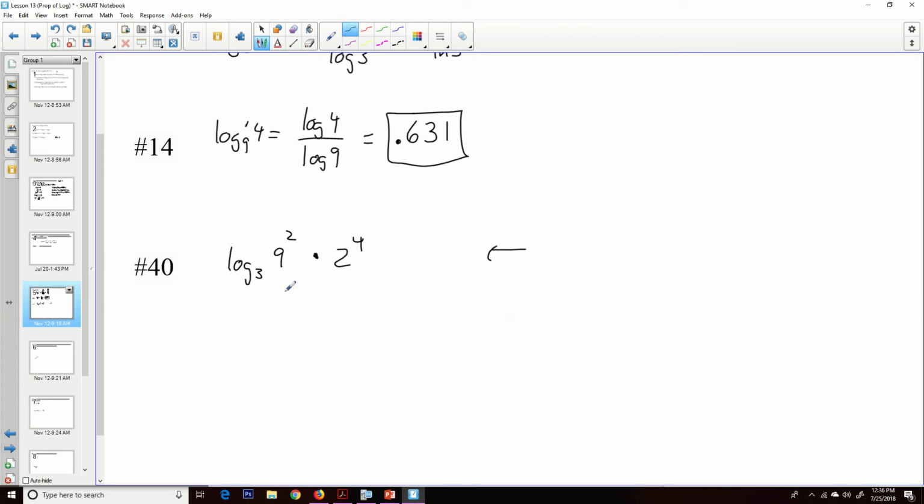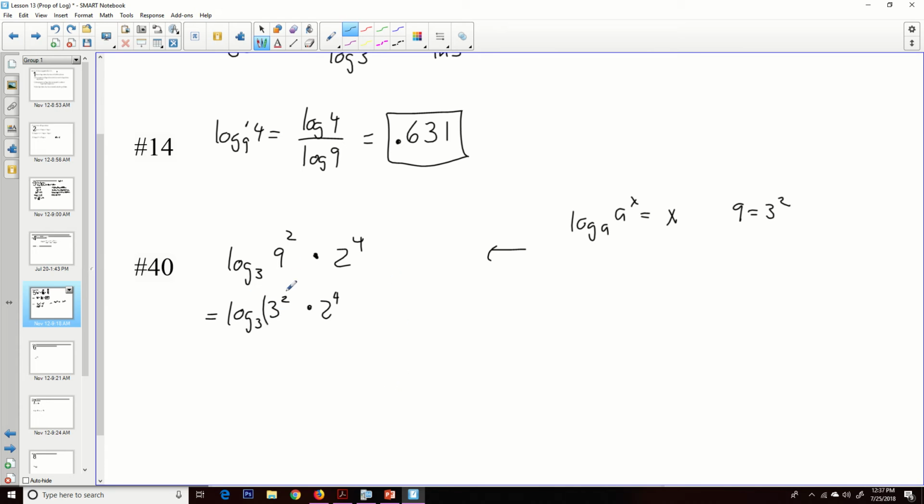And the reason that I'm going to do it this way is because I know that if I have a property of logarithm from the last one, log base a of a to the x was just x. Log base 3, 9 and 3 are both perfect powers of 3. And so I know that since 9 is 3 squared, I'm going to go log base 3 of 3 squared times 2 to the fourth. Let's do that better because that looks almost like a 24. Let's make sure we have that as an exponent. Okay. All right.